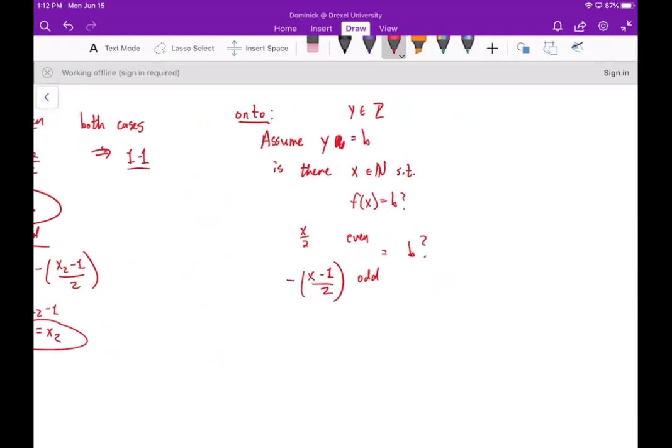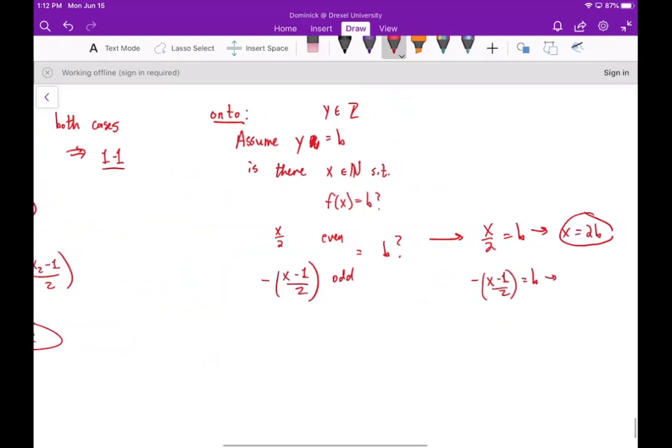Well, if my x is even, then I would have x over 2 is equal to b, so x is equal to 2b. And if my x is odd, then I would have minus x minus 1 over 2 is equal to b.